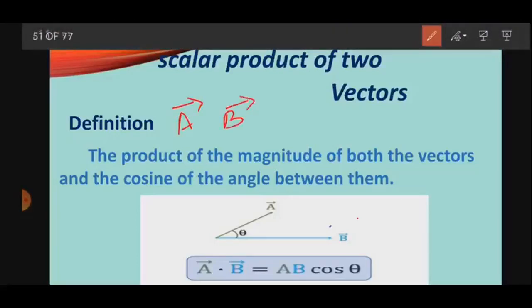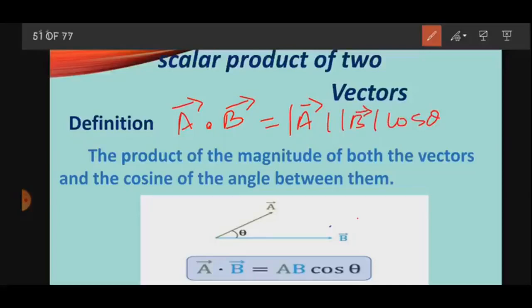The product of these two vectors, a vector dot b vector, is the dot product of two vectors, that is equal to modulus of a vector into modulus of b vector into cos theta. This is the mathematical representation. Already you studied it in mathematics.